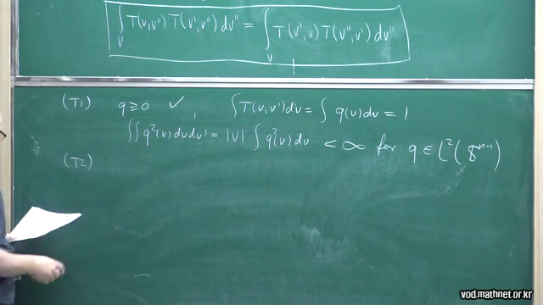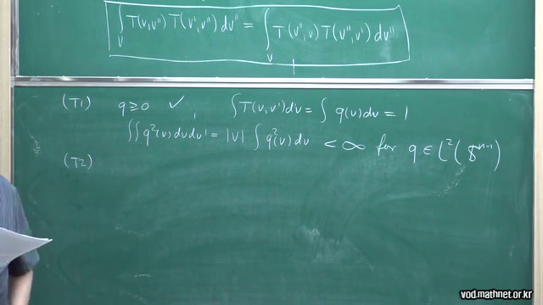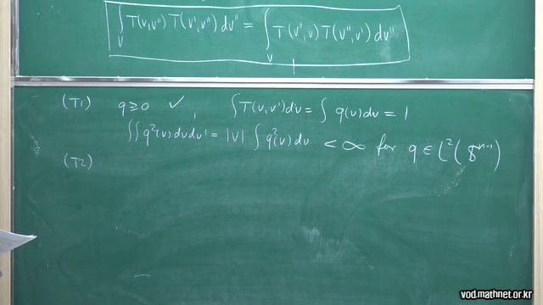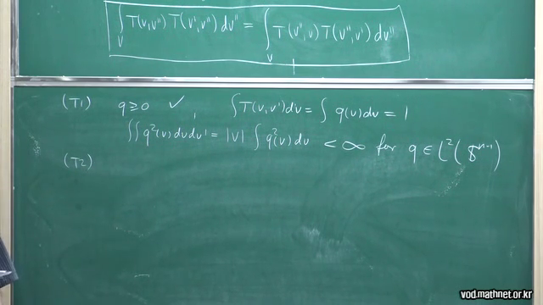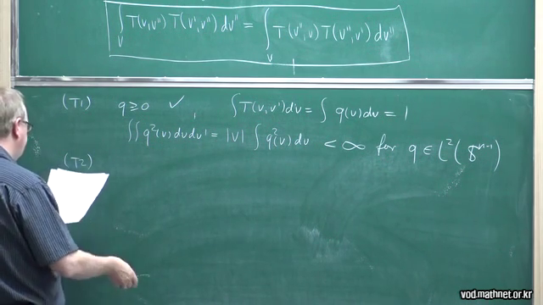Now T2. What did I write here? Yeah, so here we really need to check the U0 positivity for the iterates of Q. I'm sorry, but we have to do that. So let's maybe write down the iterates first.